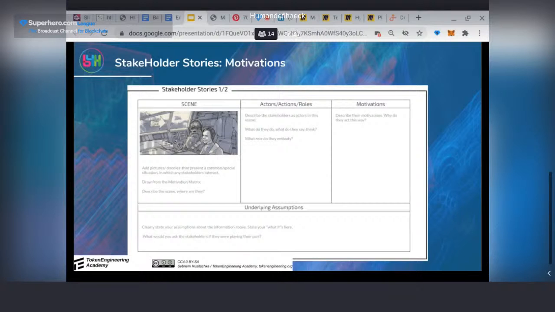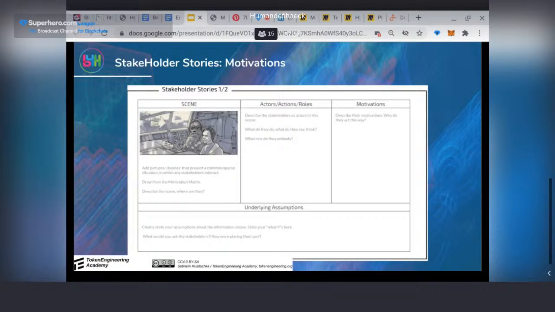Stakeholder motivations, stories and motivations. Here it is really similar to our user stories for the product design that we talked about before, but here it is more focused on actions and motivations of every single agent.